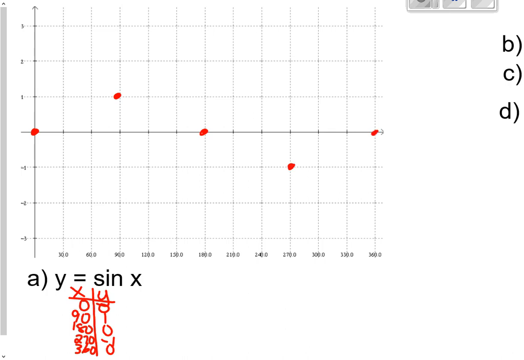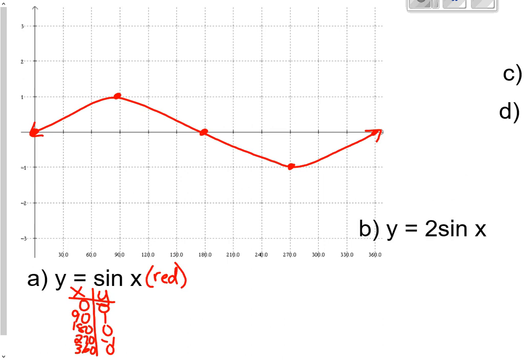And then 360, it's back to 0. So in red here, there's our first graph, our sine graph. Now, to show that it continues on, of course, in either direction, we're going to put some arrows at the end to show that it continues, because this is periodic.